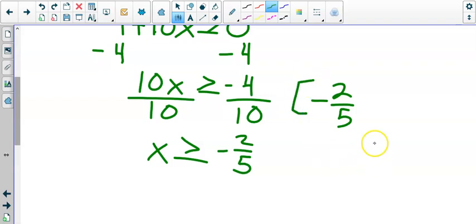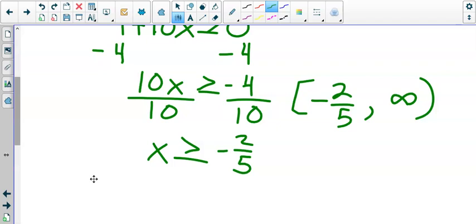And where do I go then? To negative infinity? No. Yeah, you're not going to get smaller. You're going to get larger. That's the answer. Because we want from negative 2/5 and above. That's what this means. To be greater than or equal to means you start right here and you go on up.